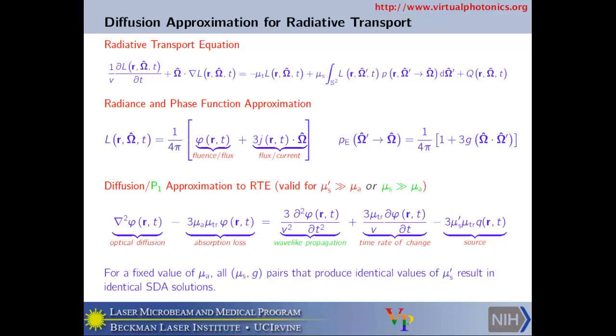Oh no, you're saying it's a less stringent criterion. Okay, so I need to check that. Mu-s prime is 0.1 mu-s for g equals 0.9. Okay, let me check that.